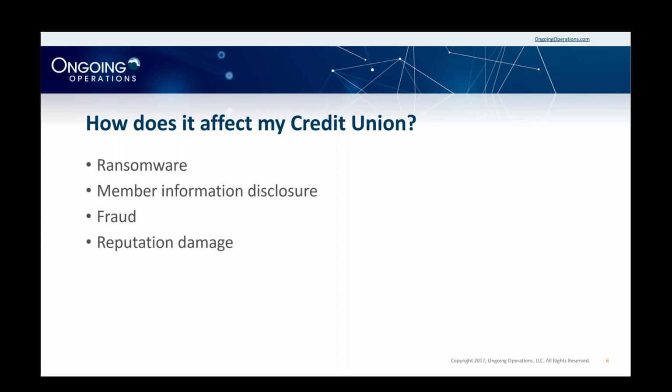Payment fraud, get folks to wire money, redirect payments, access online member accounts, those sorts of things. And then ultimately reputation damage and damage to your business. If you are the recipient of an attack that's extensive and affects your members, that's definitely going to take a toll on your business and your reputation in the industry.